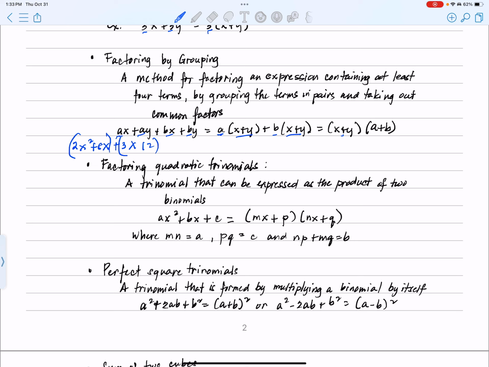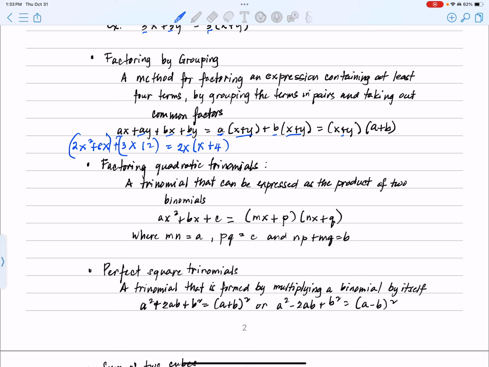By doing that, you have to look at what is common between 2x squared plus 8x. You can see the common is 2x. You factor out or take out the common factor. So our common factor there is 2x. So 2x squared divided by 2x, you have x. 8x divided by 2x, you have 4.